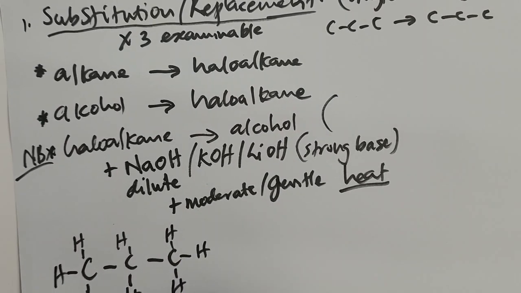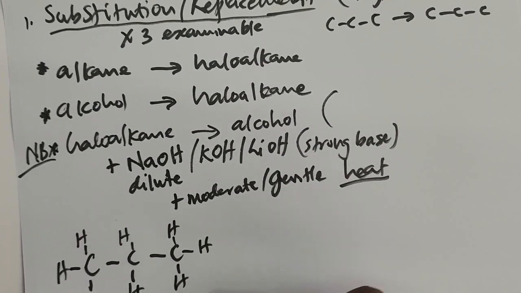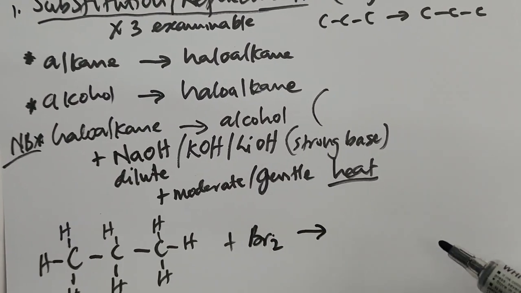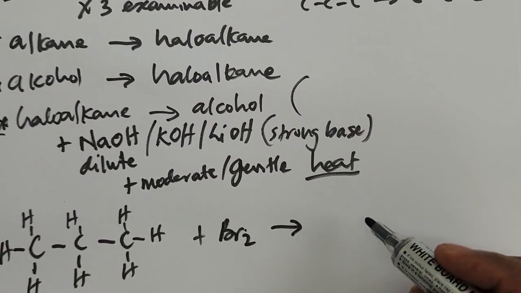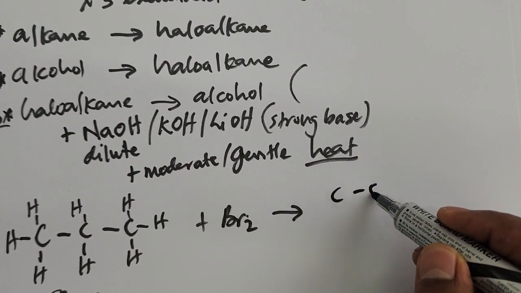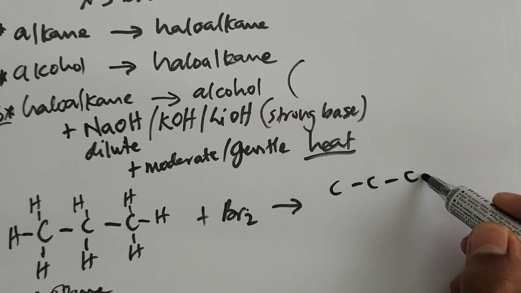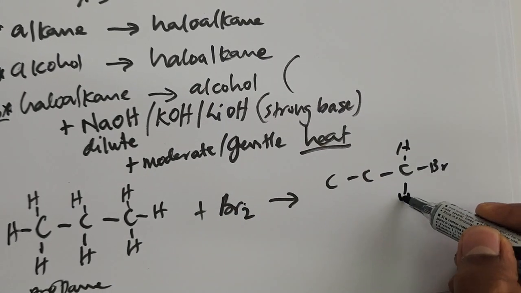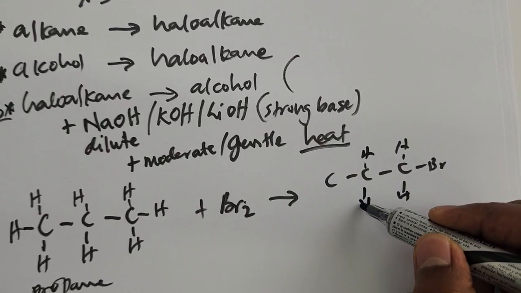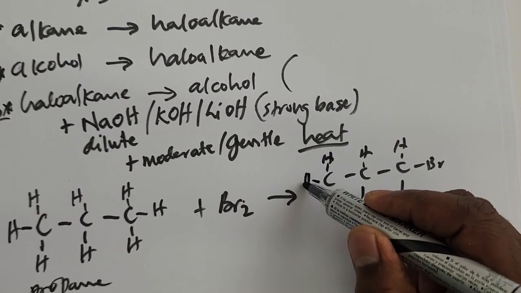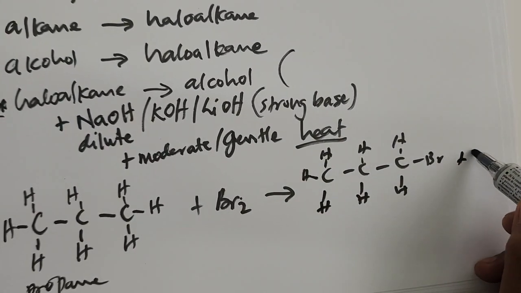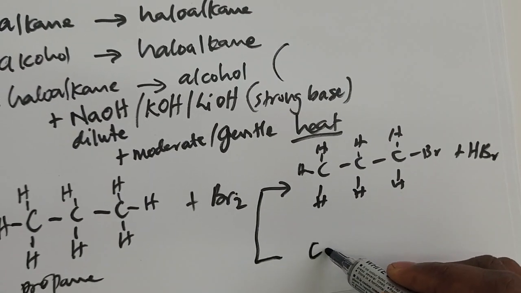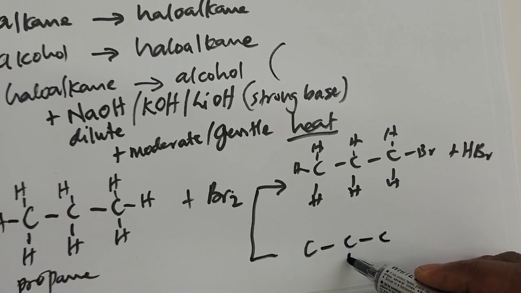Now propane, which is this, when propane reacts with bromine, normally it forms two compounds, plus HBr in each case.